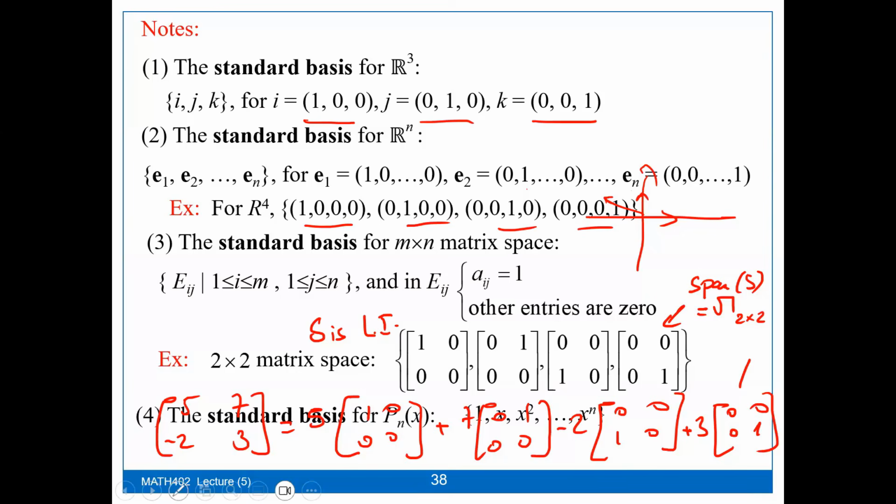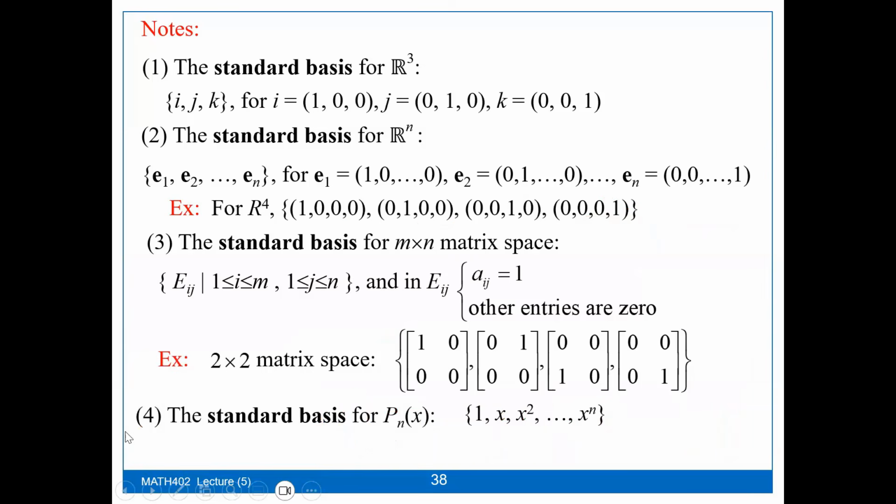So the standard basis of Pn, the set of polynomials of degree less than or equal to n, is 1, x, x squared, x cubed, up to xn. This is the standard base of this space.